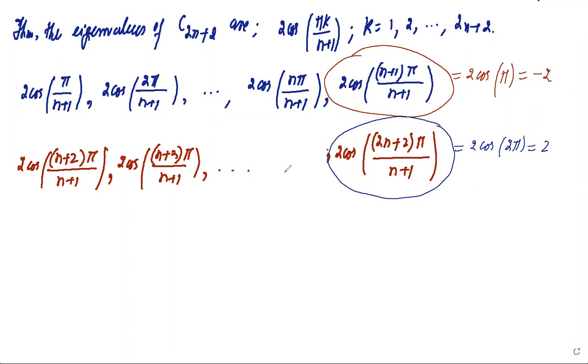But now we can see that, let's write one more eigenvalue here, which is before this last term. So that will be 2 cos of (2n+1) pi by n plus 1.